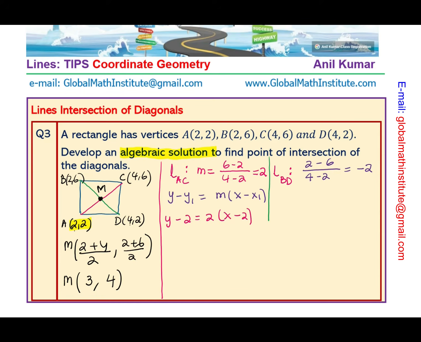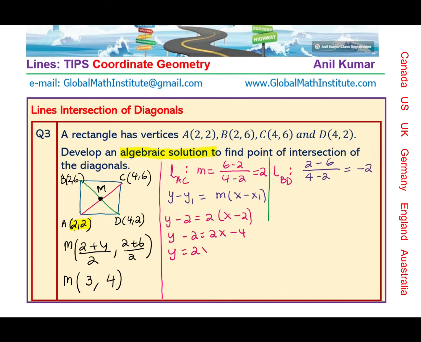We can rearrange it. We get y minus 2 equals 2x minus 4. So bringing 2 to the other side, we get y equals 2x minus 4 plus 2, which is y equals 2x minus 2. Let's call this the equation of the first line.